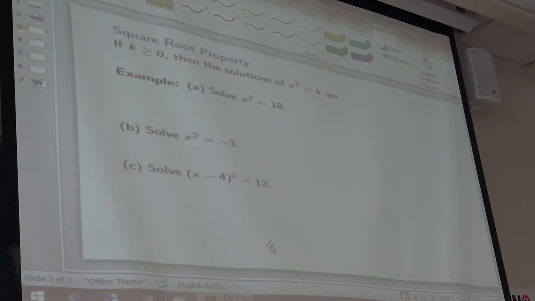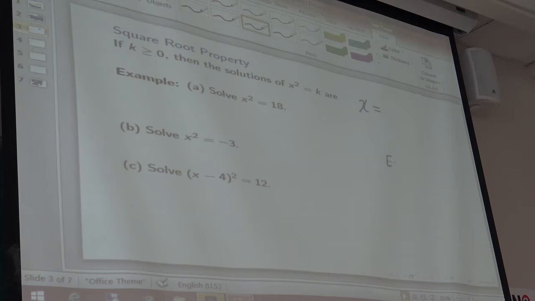Now let's move on. The square root property. If k is non-negative, then the solutions of x squared equals k are the following. Well, let me give you an example.